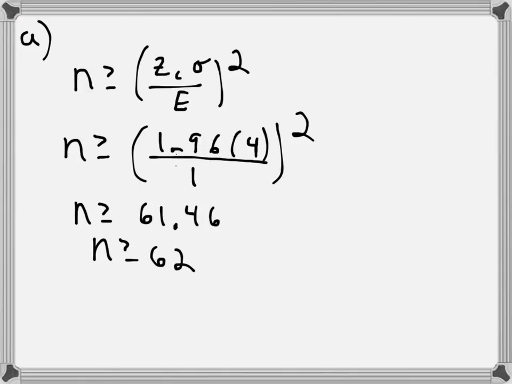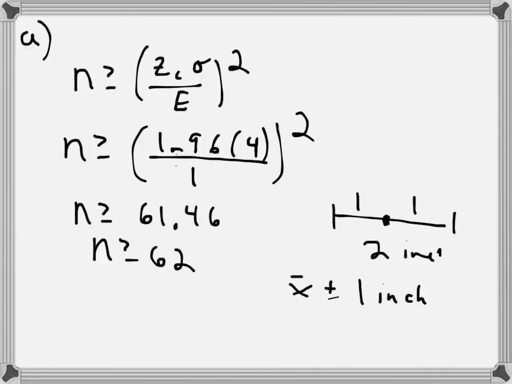So I'm going to have to sample at least 62 people. And that's going to have a margin of error of 1 inch, which actually means my whole confidence interval, since my margin of error is 1 inch, will be 2 inches long. Still a decently wide interval.